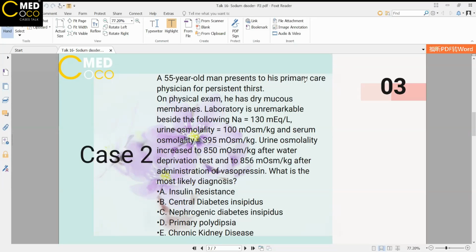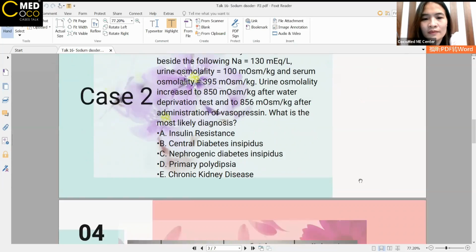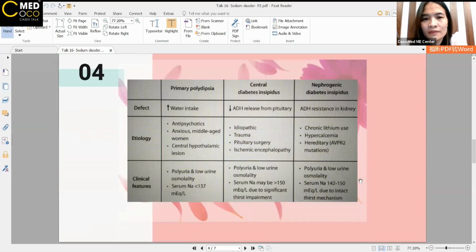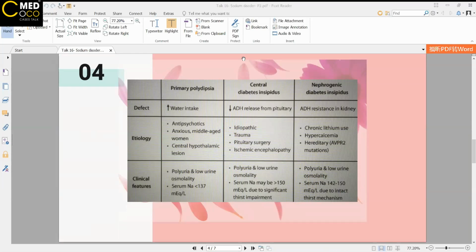Okay. So again, let's scroll down to the next slide. I think I have the analysis there. This case is just a repeat of the first case. So if a patient has primary polydipsia, all they have is increased water intake, which means they drink a lot of water.